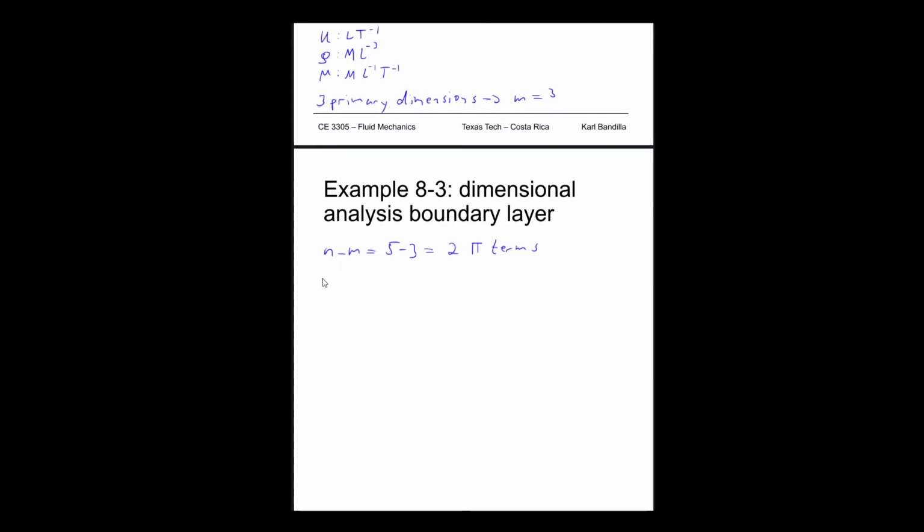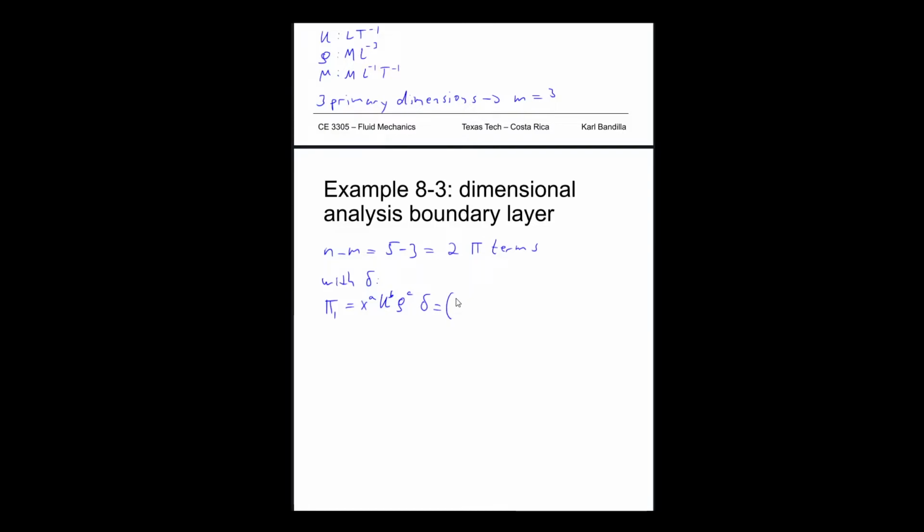Start with delta. Then our pi 1 is in the remaining variables, so x to the a, u to the b, and rho to the c, and then times delta. What is that with regards to our dimensions?